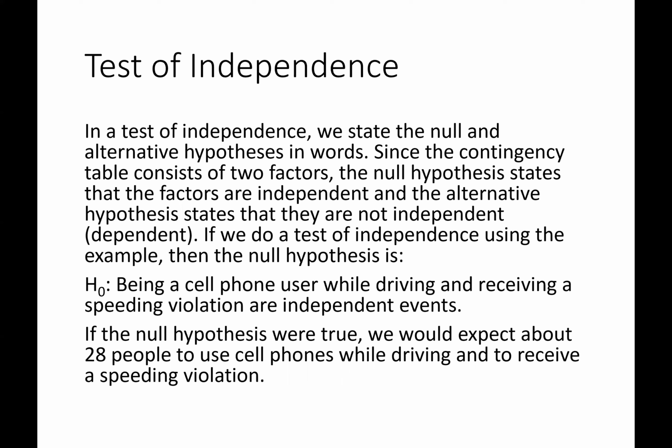If we do a test of independence using the example, then the null hypothesis would be being a cell phone user while driving and receiving a speeding violation are independent events. If the null hypothesis were true, we would expect about 28 people to use cell phones while driving and to receive a speeding violation.